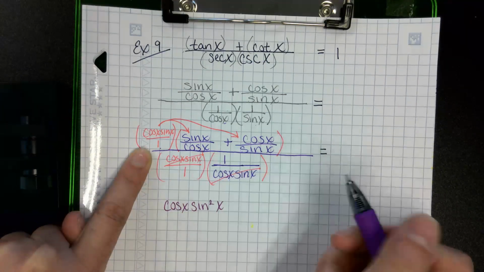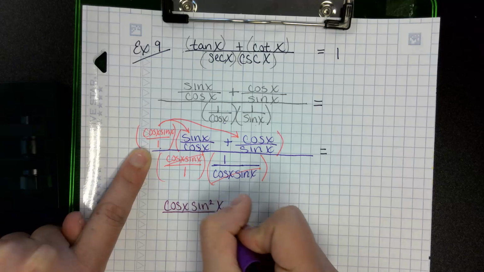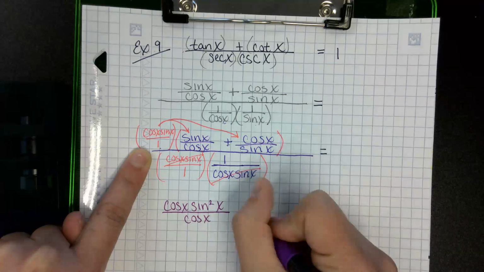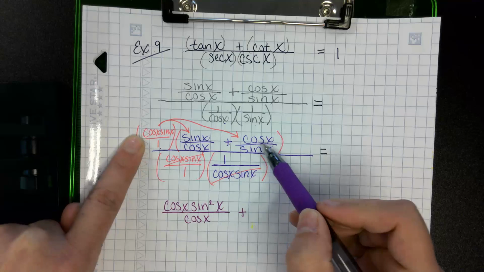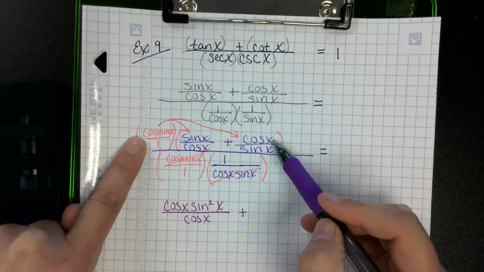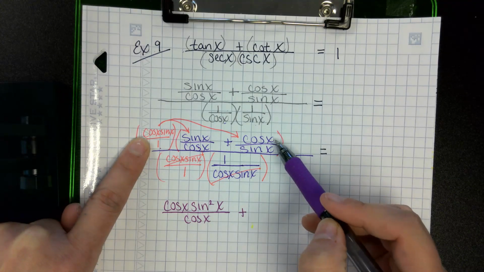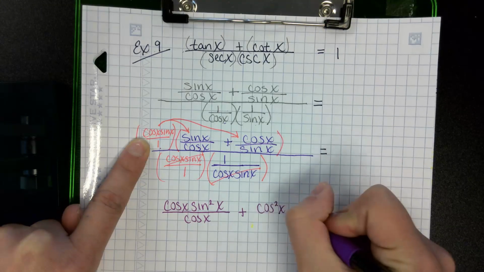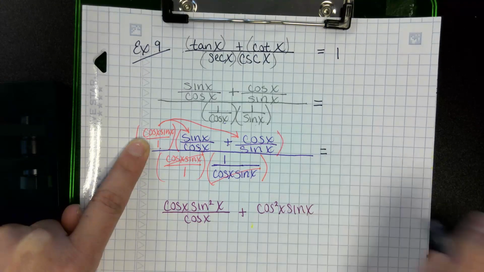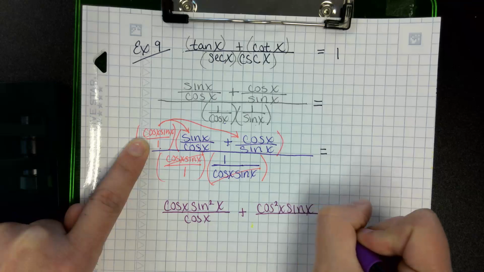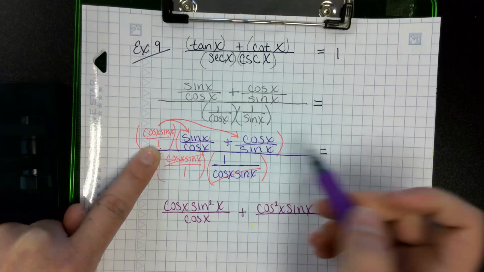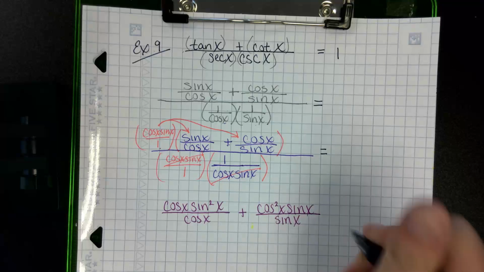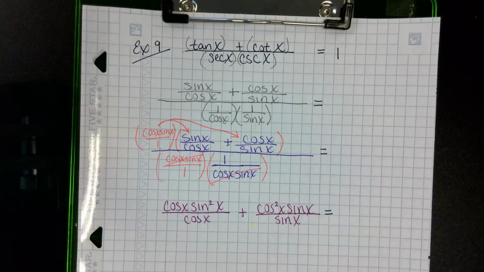And 1 times cosine gives me cosine, so over cosine. Plus, again, multiply numerator times numerator. Cosine sine times cosine is cosine squared times sine, and that is going to be over 1 times sine, which is sine. Equals the right side.